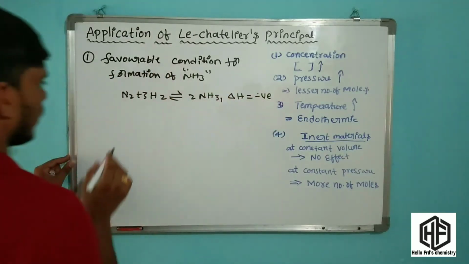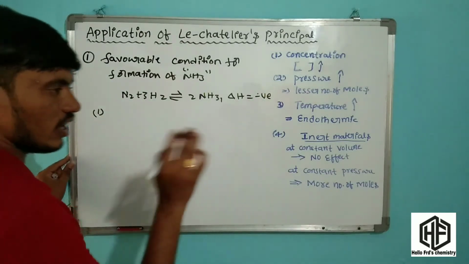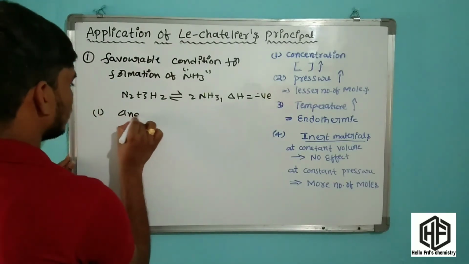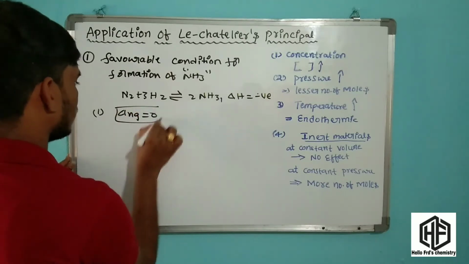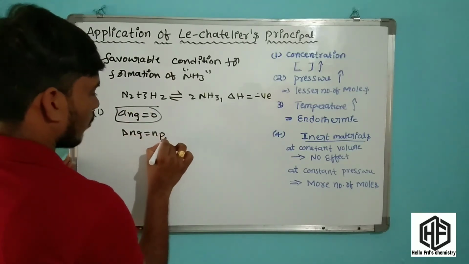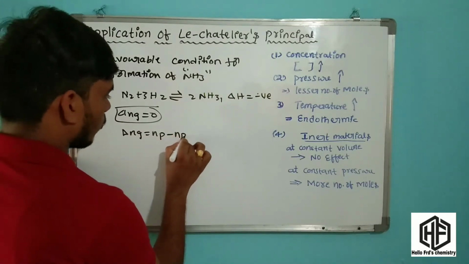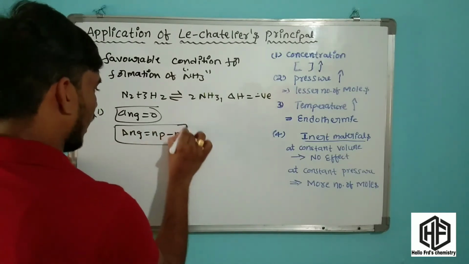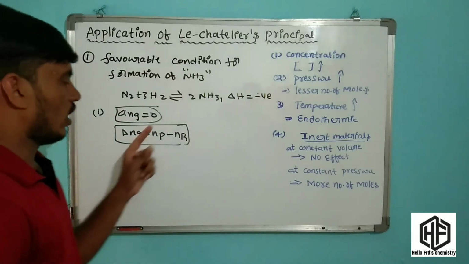Already you know this. Now I am talking about inert materials. Delta Ng means the number of moles of products minus the number of moles of reactants.